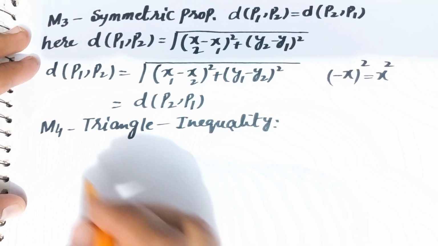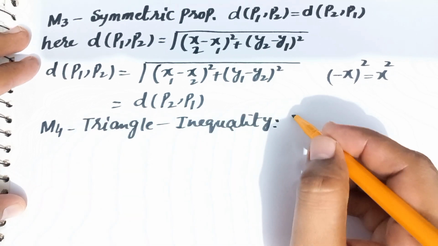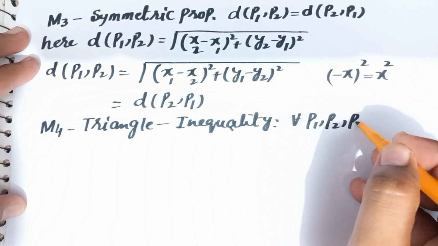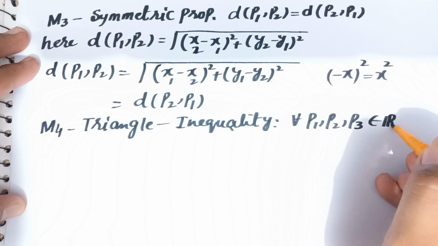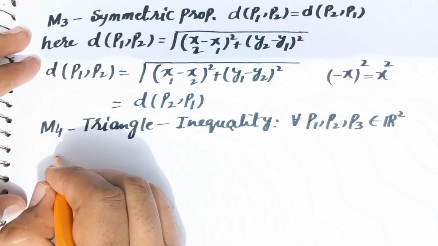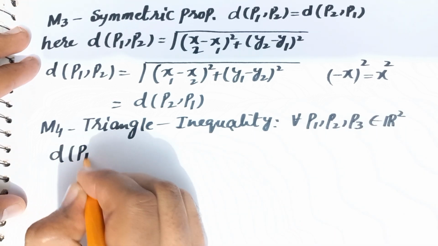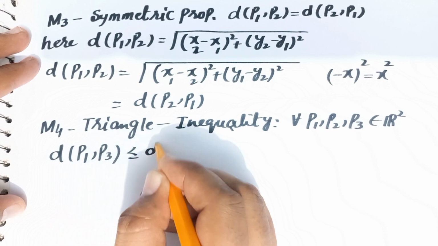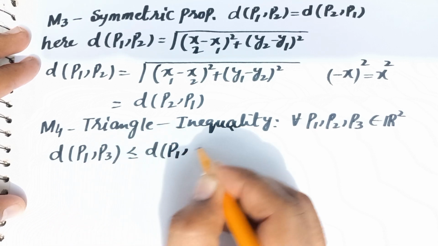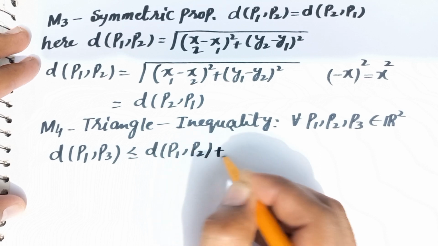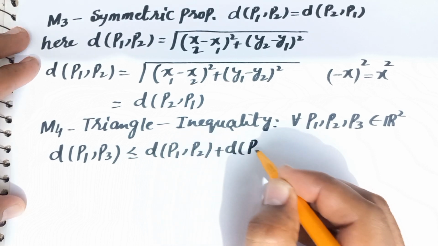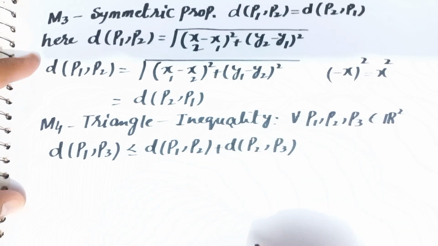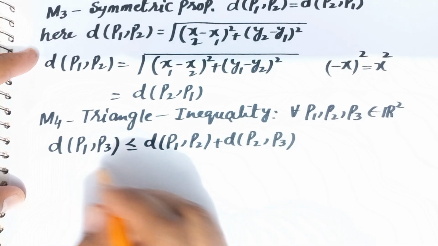Here we will show that for all P1, P2, P3 belonging to R square, D of P1, P3 is less than or equal to D of P1, P2 plus D of P2, P3. So here in this example we will discuss two cases.